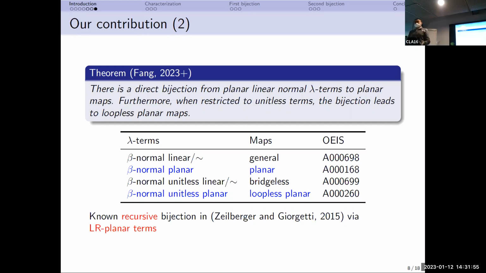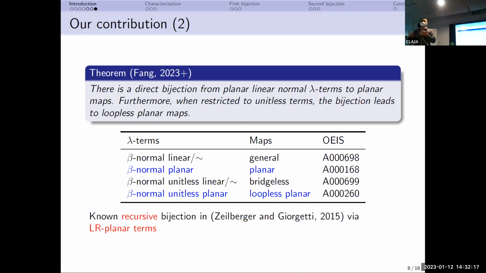And when we restrict this bijection to the terms that are unitless, so without bridges in the diagram, our bijection gives what we call loopless planar maps, that are the planar maps without loops. Well, you see that the bridges are turned into loops.